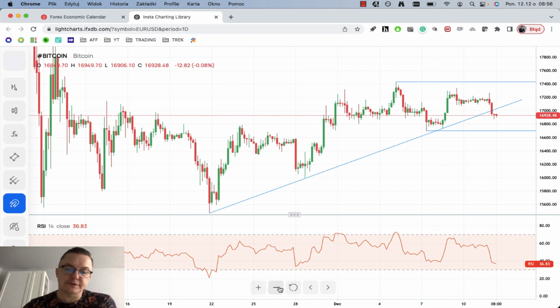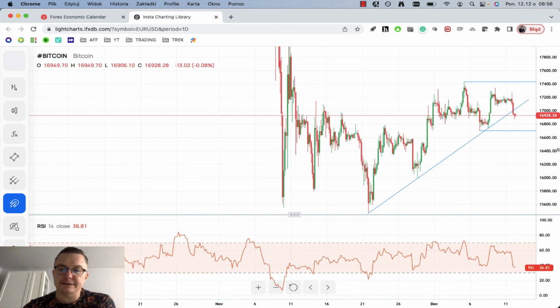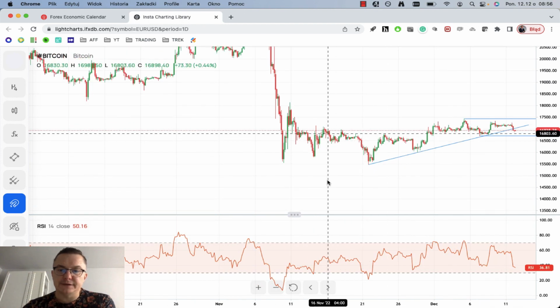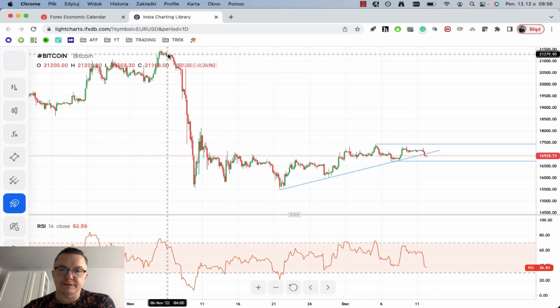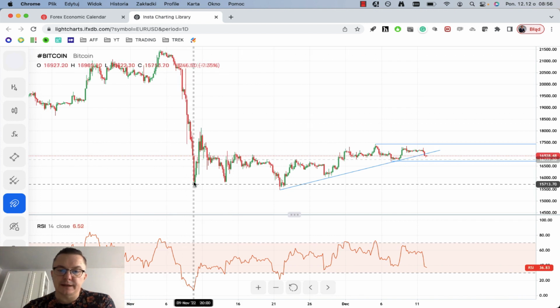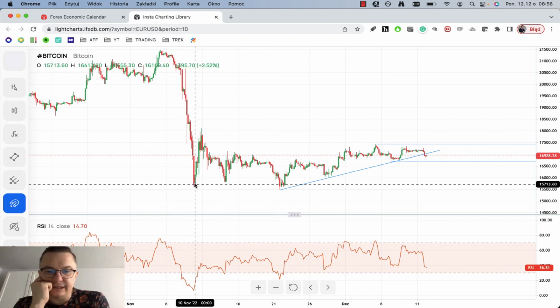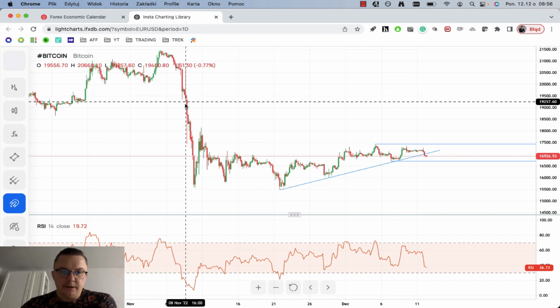And let me just zoom out to show you guys the fact that after this very dynamic sell-off that ended on the 10th of November, the Bitcoin didn't do much apparently, right? It didn't even retrace 38% of this wave down.